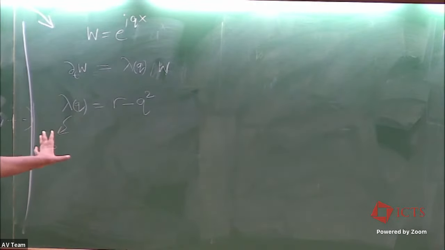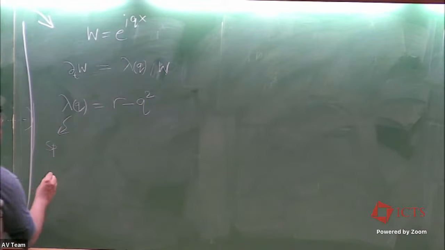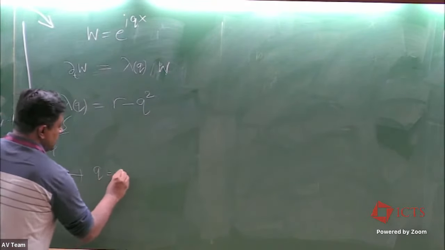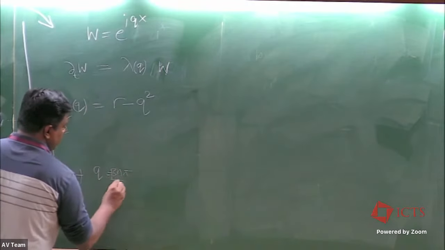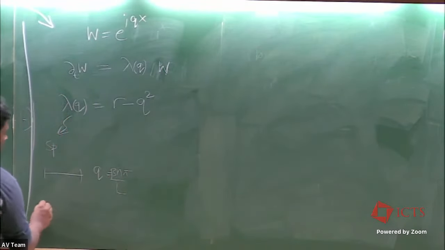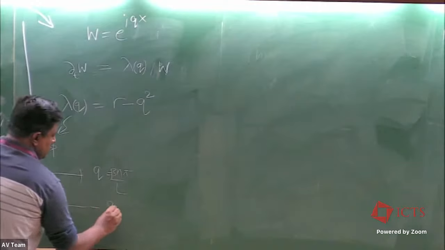So this is applicable for both infinite or bounded domains. But in a box, you would have different eigenstates, right? If I had a box with a finite domain or whatever boundary condition, then the range of q will be restricted, some n pi by L, whatever n. On the other hand, if I really have an infinite domain, then q is from minus infinity to infinity.